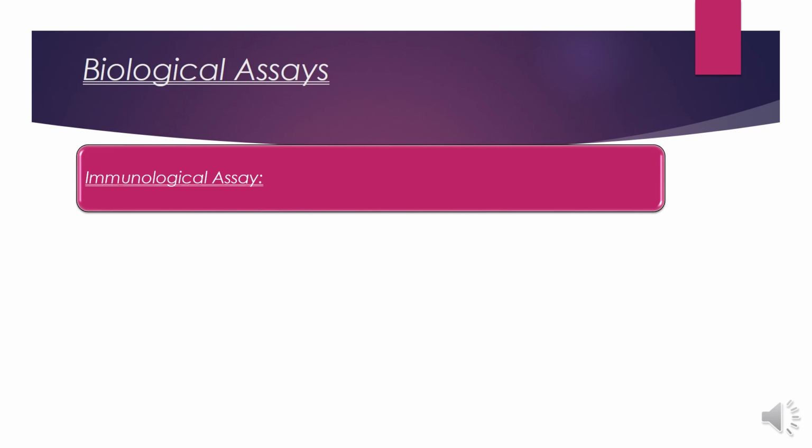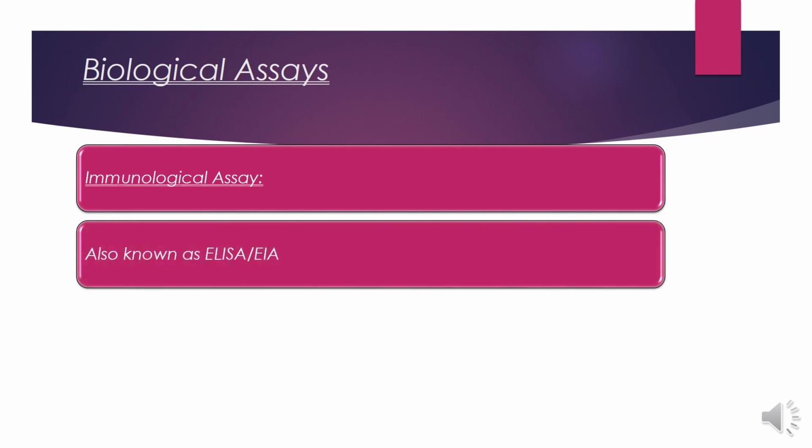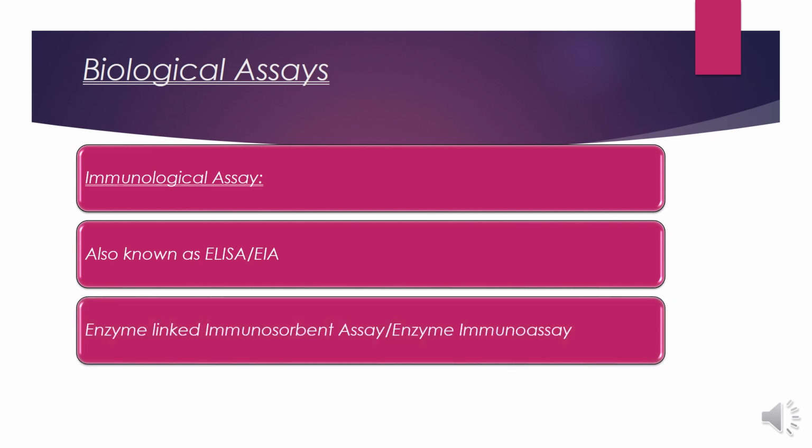So the immunological assay is also known as ELISA or EIA, either enzyme linked immunosorbent assay or enzyme immunoassay. These are the terms and abbreviations used for the immunological assays.